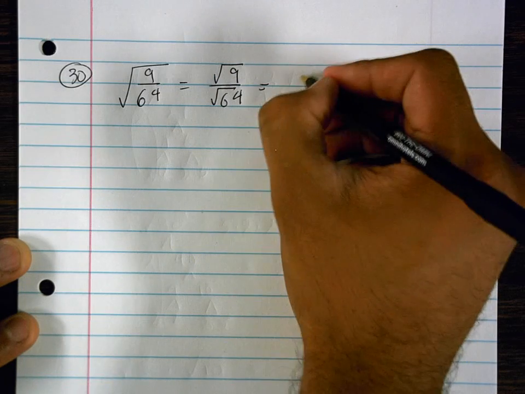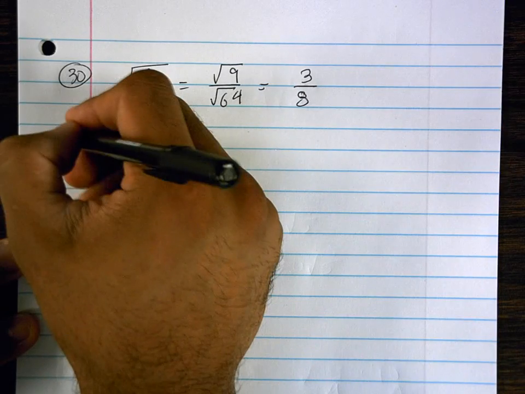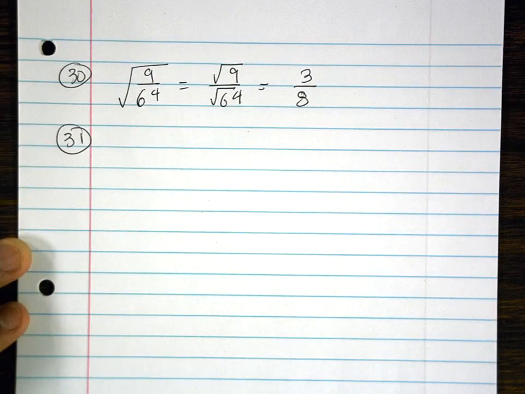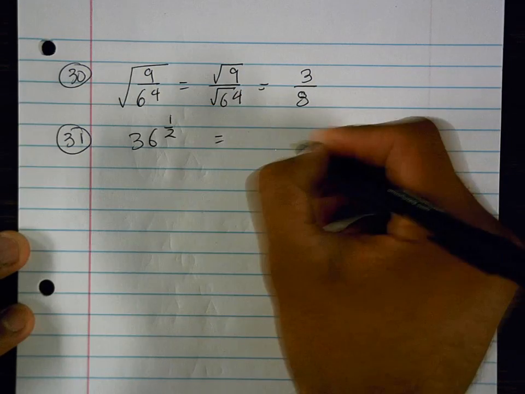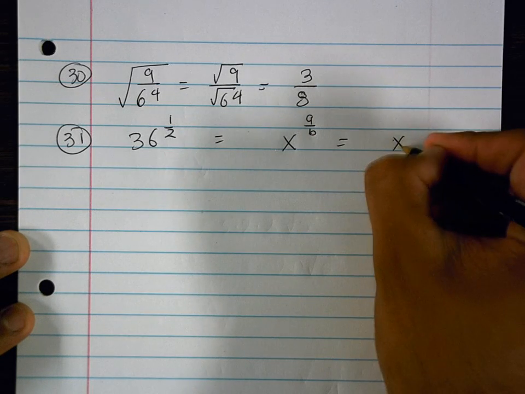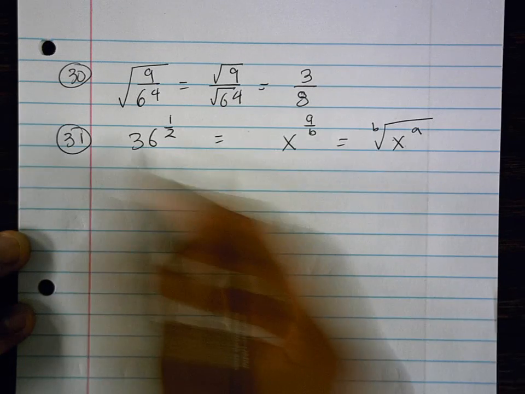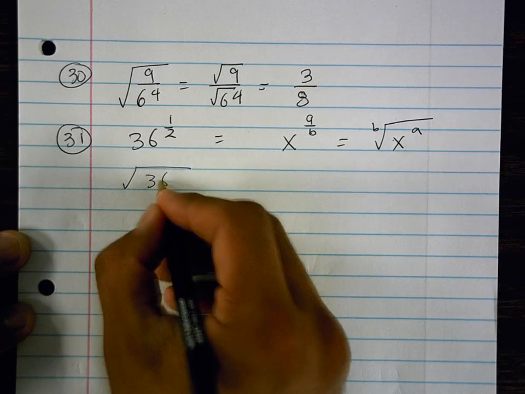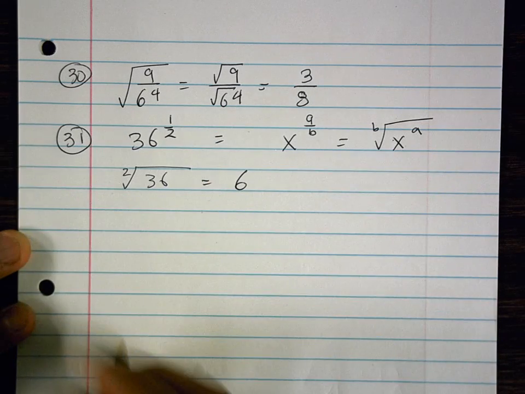And the square root of 9 is 3, and the square root of 64 is 8. 31. This is 36 to the 1/2 power, and this is where we use the rule x to the a/b equals the b-th root of x to the a. The bottom number comes out front, top number goes inside. So this is actually equal to the square root of 36, which is just 6.